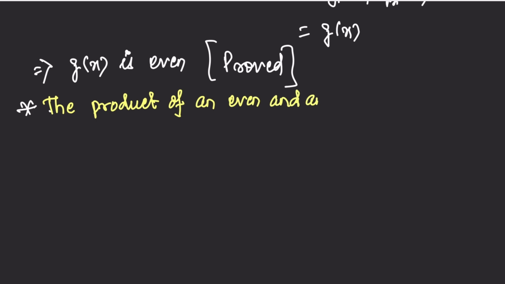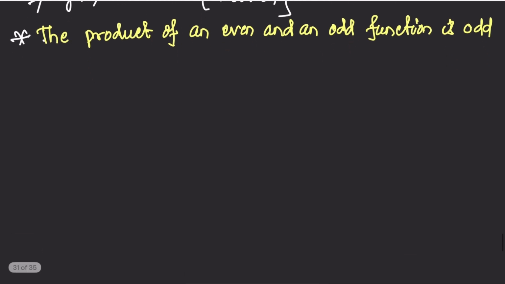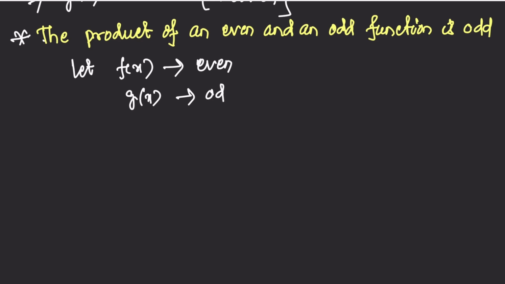The product of an even function and an odd function is odd. Let's prove it. Let f of x be an even function and g of x an odd function, and psi of x is defined as the product of f of x and g of x.